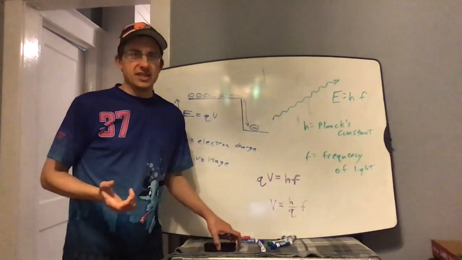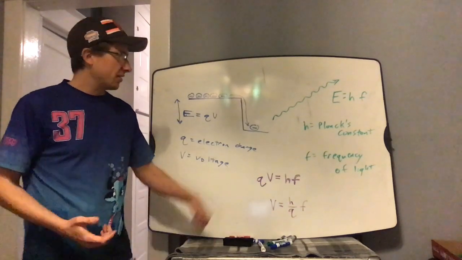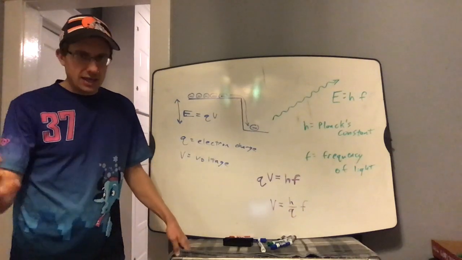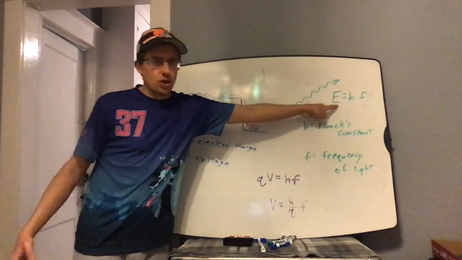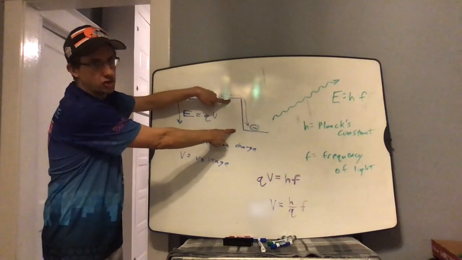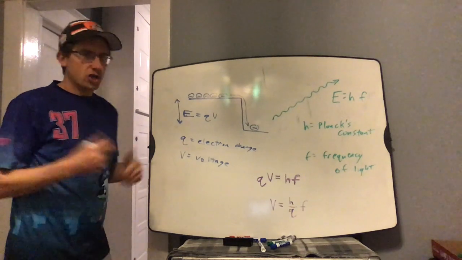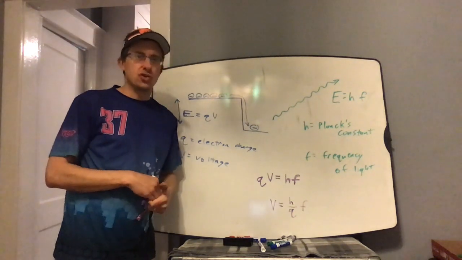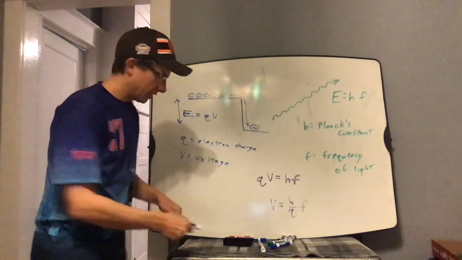Different color LEDs will be giving off different colors of light. Different colors of light have different energies. Now, if a different color of light has a different energy, well, that means we have a different energy on this side of the board as well. So the charge of the electron never changes, but the voltage to turn on an LED will change depending on the color.